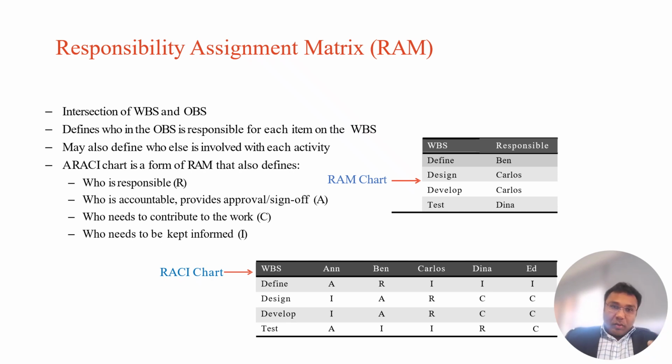A stands for accountable, ultimately answerable for the task. Only one per task is allowed. And C is for consulted, provides input before the task is done, and I for informed, needs to be updated after the task is done. So this is important because in a project we want clear ownership. So multiple people can be responsible, but there's going to be only one person who's accountable for that task.